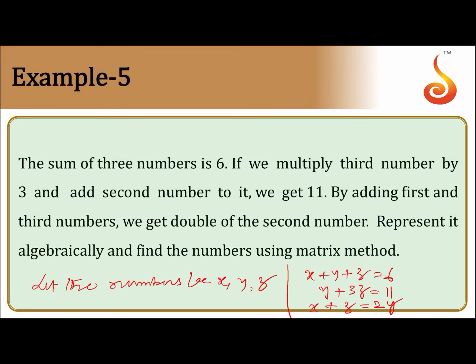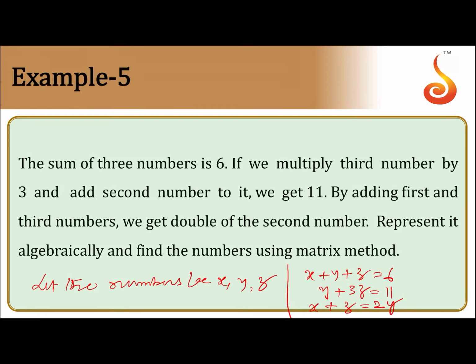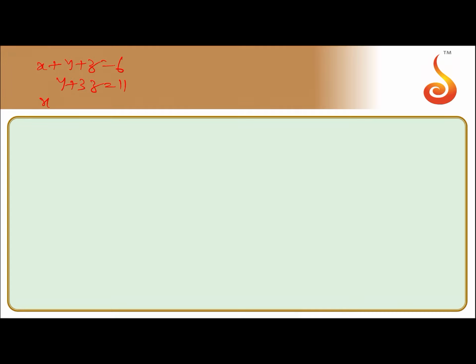So we can rewrite the system: x plus y plus z is equal to 6. Second one, y plus 3z is equal to 11. And x minus 2y plus z is equal to 0.